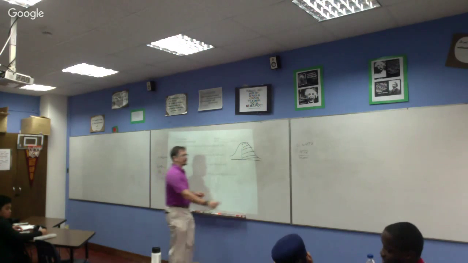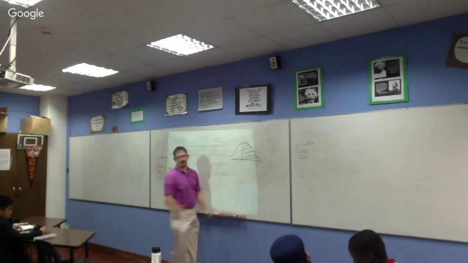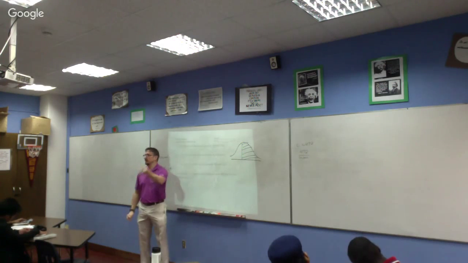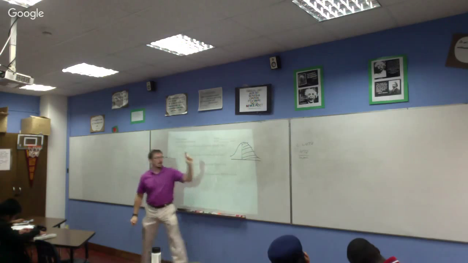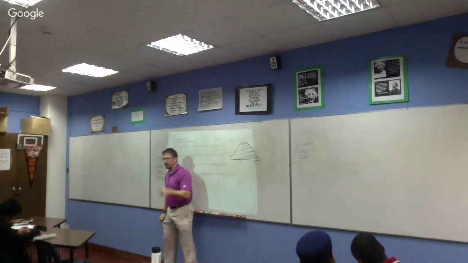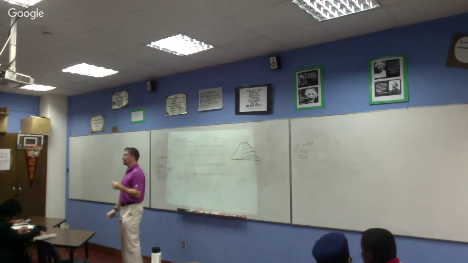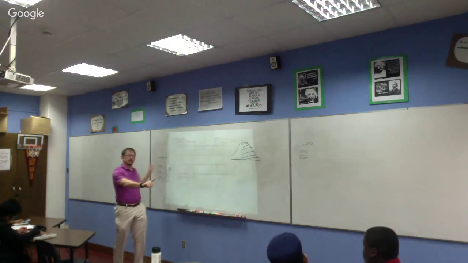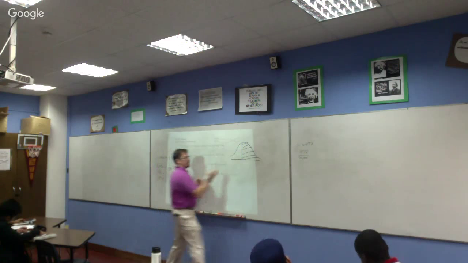But when I want to calculate, I always have to make sure that I'm setting my calculator up to calculate to the left of that boundary. We want to the right. So what area do I have to tell my calculator to calculate? I got to calculate the stuff to the left.